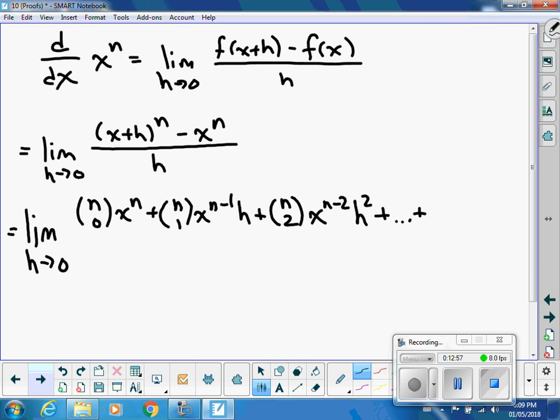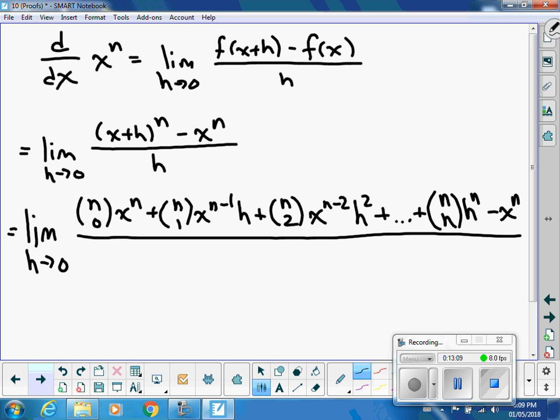I'm going to tighten this up a bit for space. So my last term would be n choose n, h to the n, and finally I have a minus x to the n at the end of that row. And that's all divided by h. Okay, so this seems like a huge mess.